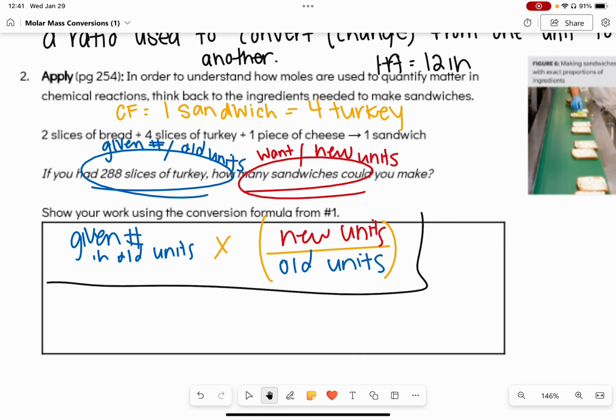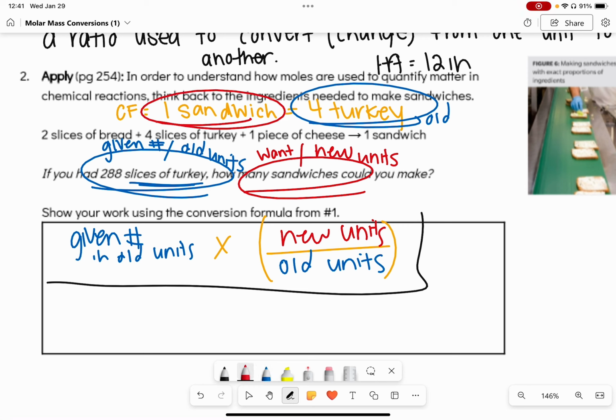If you remember earlier, I said there are two numbers in a conversion factor, our new units and our old units. So we want to label those so we can use them in our equation later. Our old units match the units of our given number. They said turkey is our given units, our old units. So that is going to be our old unit. Our new units is what I want to find. Since I want sandwiches, this is going to be my new.